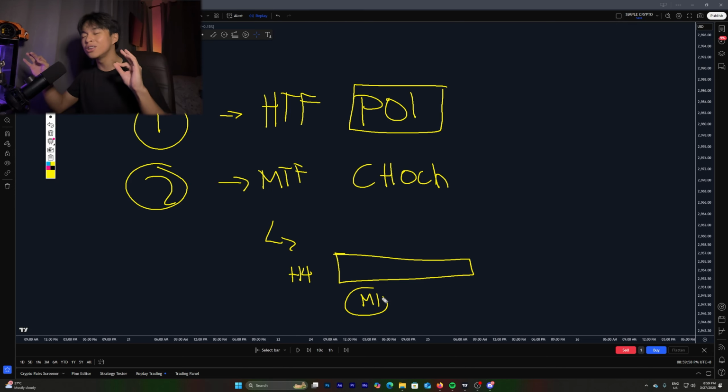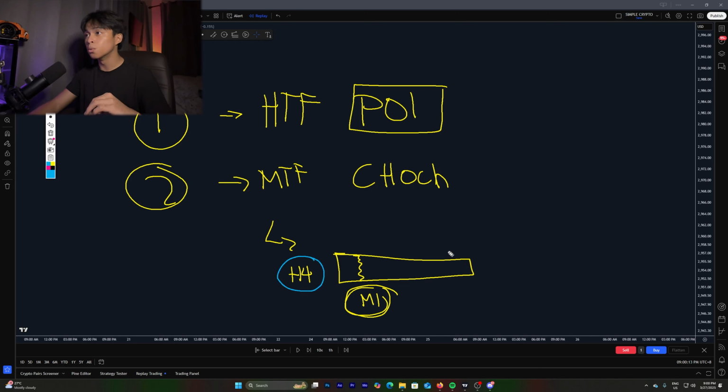You guys are gonna be losing so much money that way. Because if your zone is this big, why are you waiting on a very small micro time frame like this? So what I suggest you guys do, if you have an H4 level, wait for at least M15 to have a really clean structural shift in the market. Okay, if you guys want to be safe in trading change of character, wait for a really simple market structure shift, something like this.